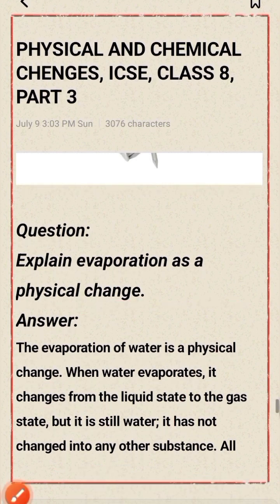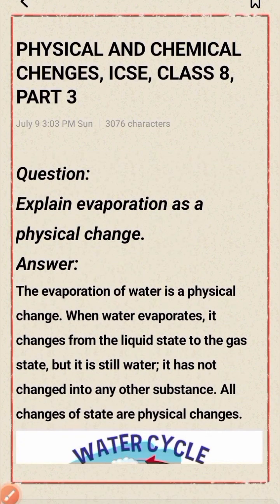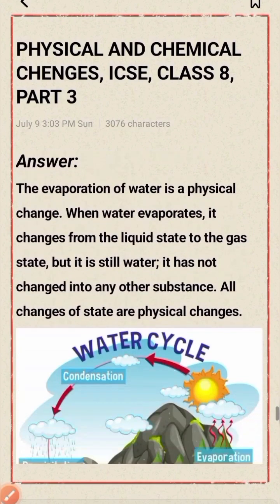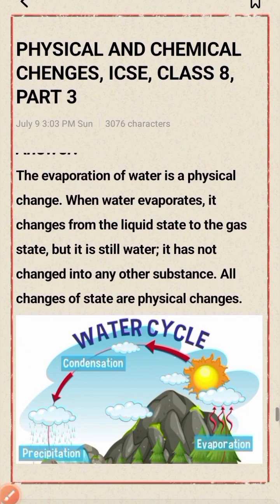Okay, that is, all changes of state are physical changes. The initial substance changes to the final substance, and the final substance can change back to the initial substance. That is a physical change. No intermediate change. Okay, what is an example? The water cycle.